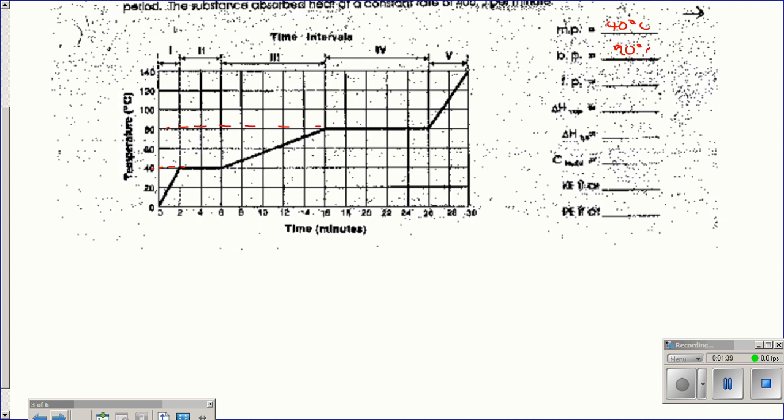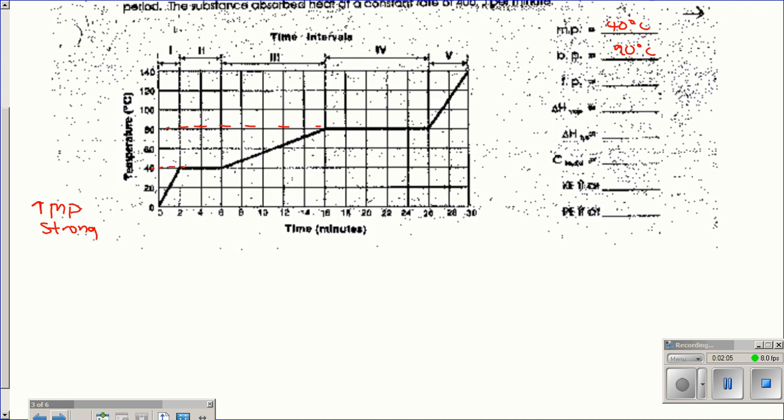So one question I might ask you, since we know this is not water, because water melts at a much lower temperature: how do the particle attractions of this substance compare to the particle attractions of water? So if you think about that, higher melting points mean stronger particle attractions.